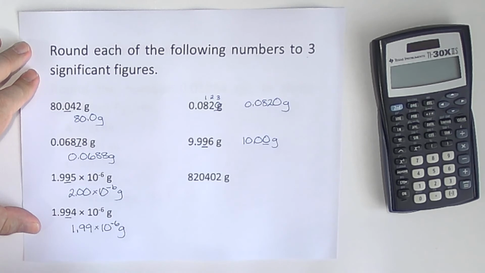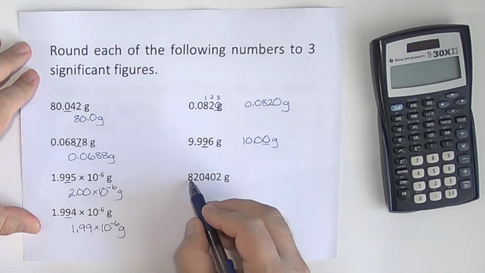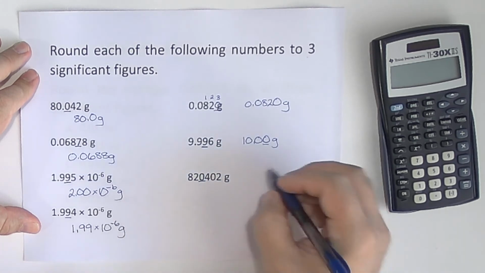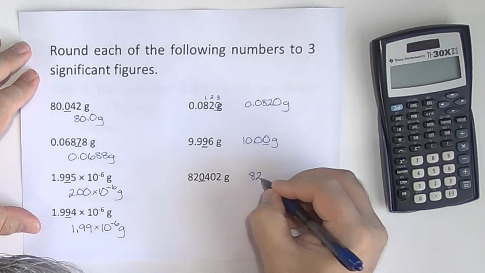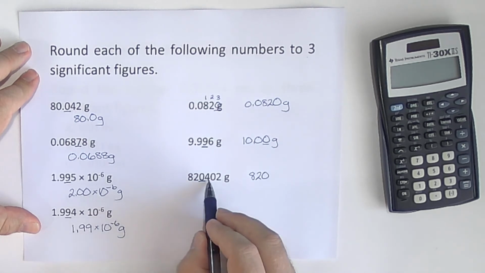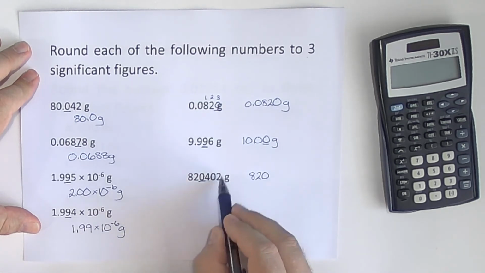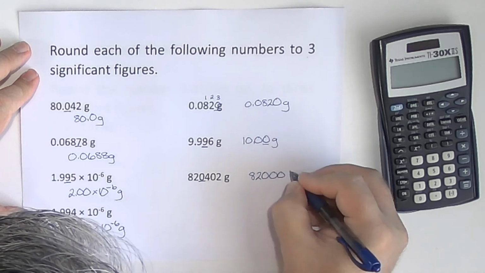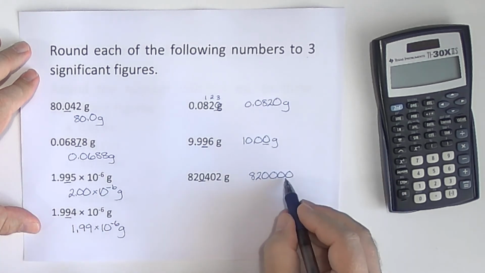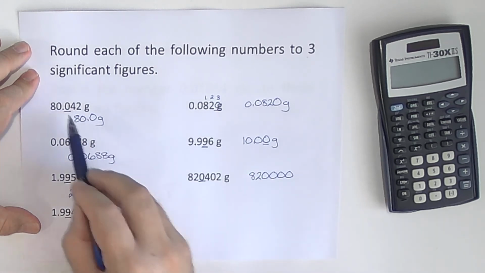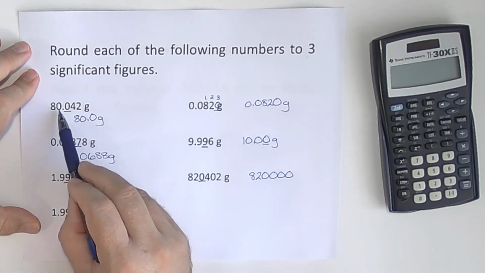And this next one comes up pretty often as well. 1, 2, 3. Now, the 4 means I leave that number the same, but 820 is not the same as 820,000. I need to replace these digits that I'm getting rid of with placeholder zeros because I need this to be approximately the same number. We didn't replace them with zeros when they were following a decimal point because we didn't need them there to mark that this was 80.